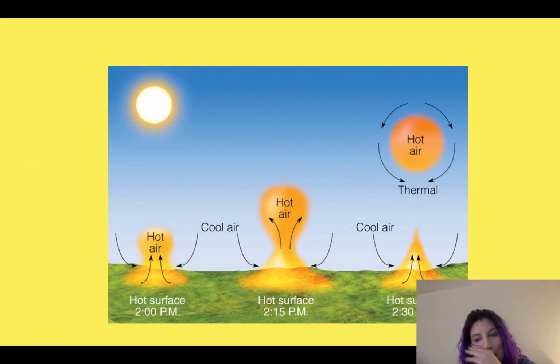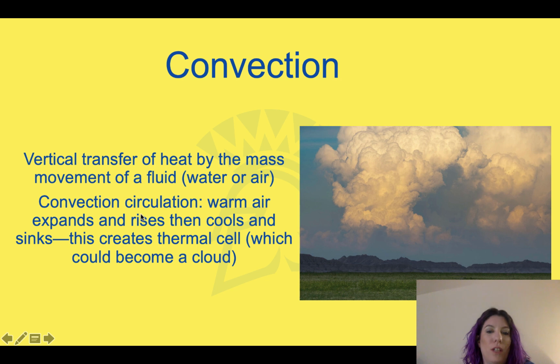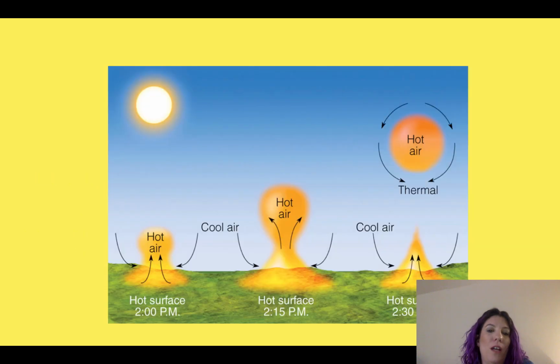Now, we talked about this, this mentions the convection circulation, which is where warm air expands and rises and then cools and sinks, and it creates this thermal cell. So here, down at the surface, it's heated up by the sun.